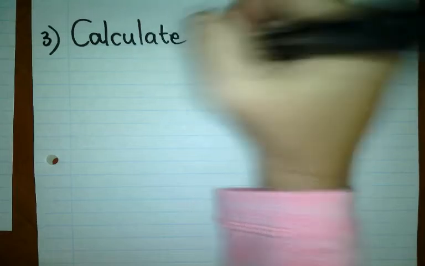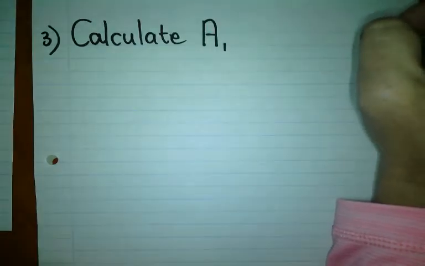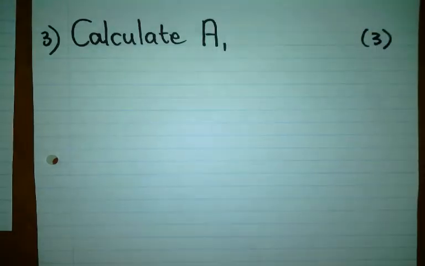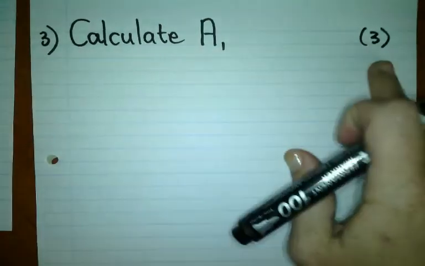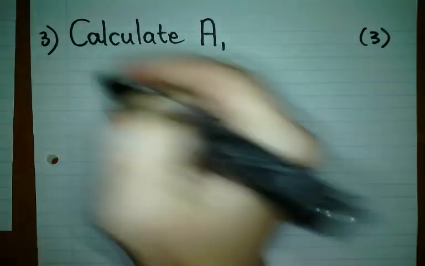Right, so the question is going to be calculate the current through resistor 1, so calculate A1. Okay, again, it's a calculate problem, so you're going to have to do 3 marks.